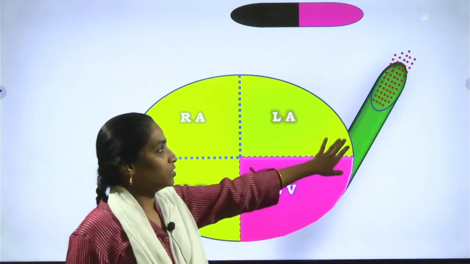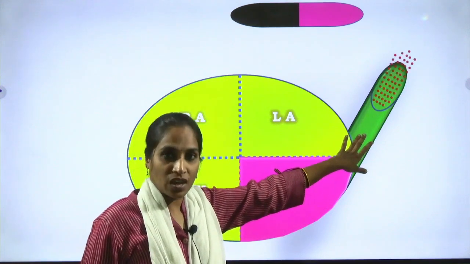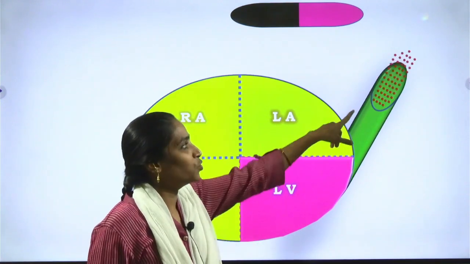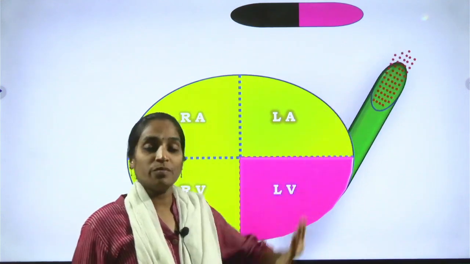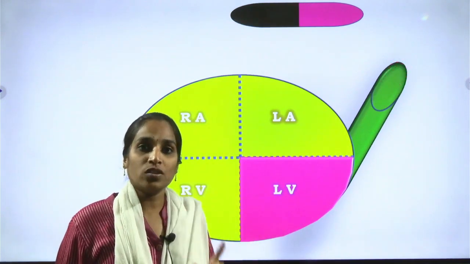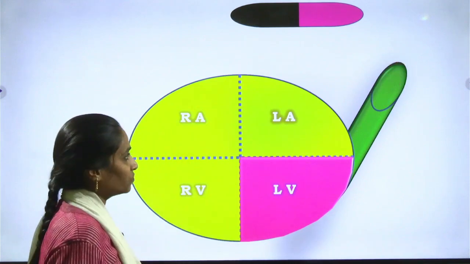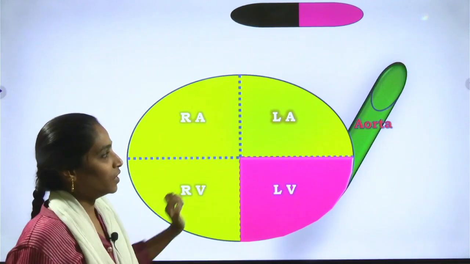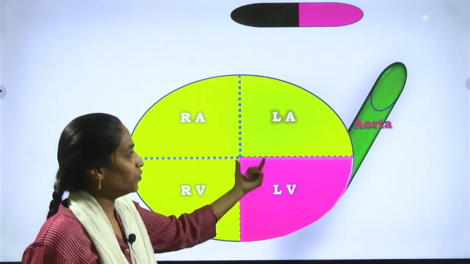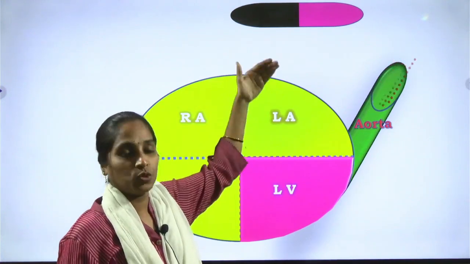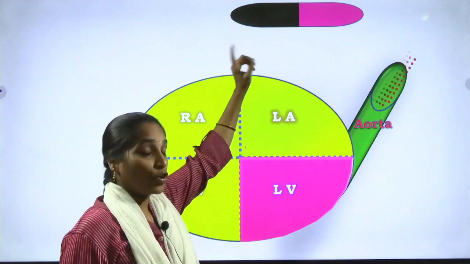So this is the aorta, or we can also say the systemic artery. It carries only the red colored blood. Red is an indication of carrying only the oxygenated blood. And so this is the aorta which carries oxygenated blood from the left ventricle, from the dorsal region towards the body parts.